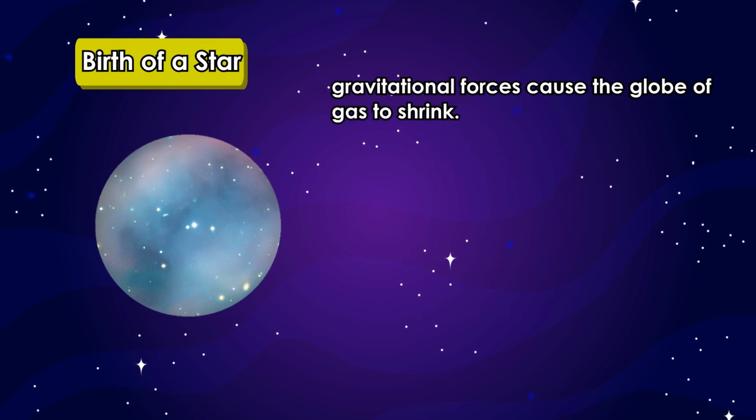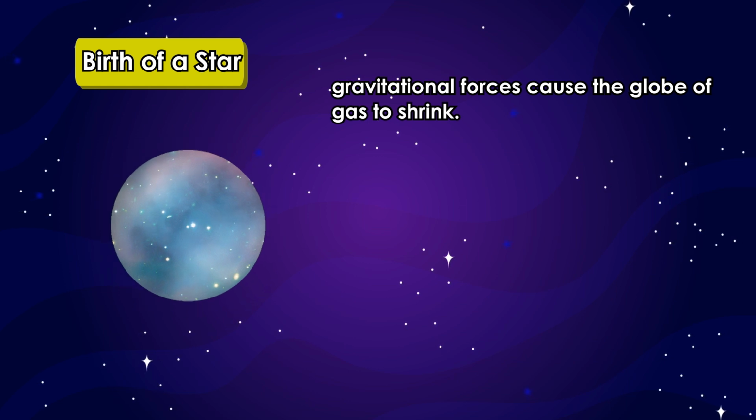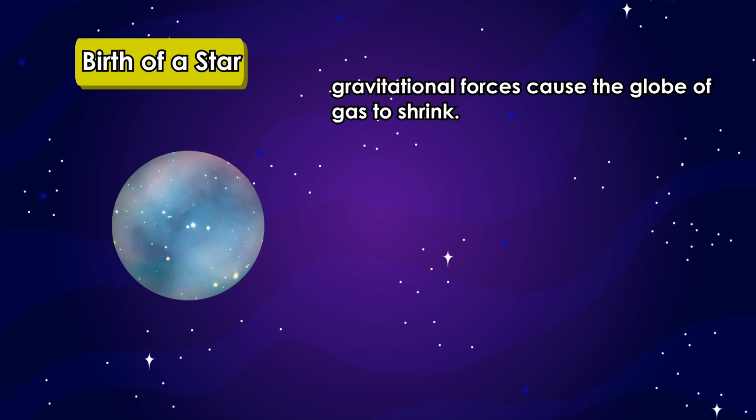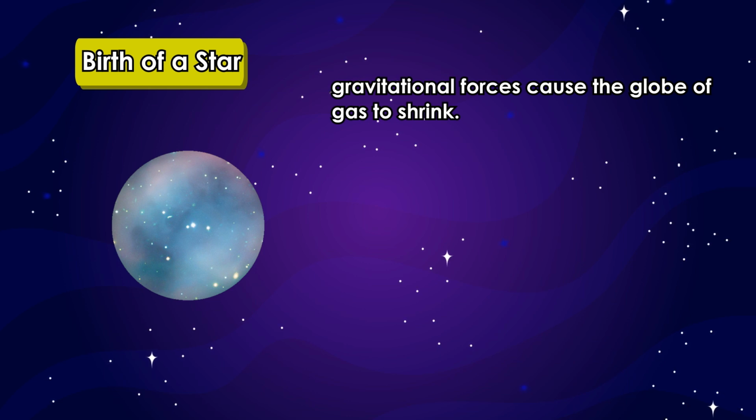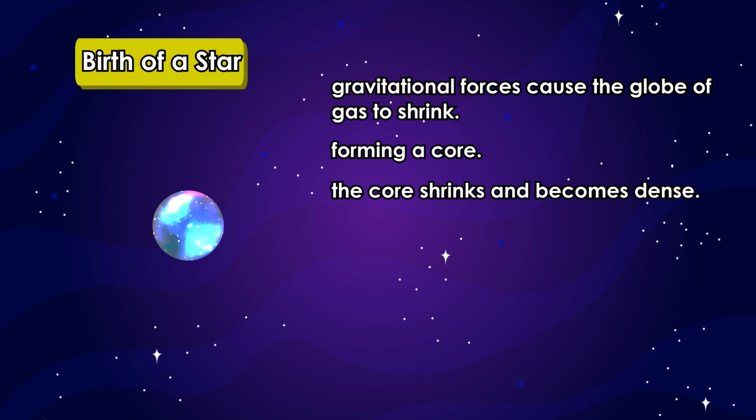Then, strong gravitational forces cause the globe of gas to shrink and compress until it becomes very dense and forms a core. The core shrinks and becomes denser due to the increasing strength of the gravitational forces.